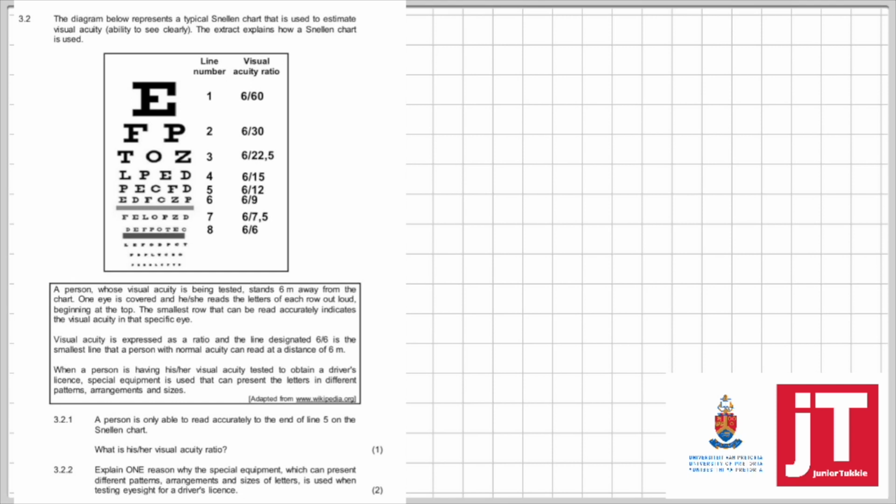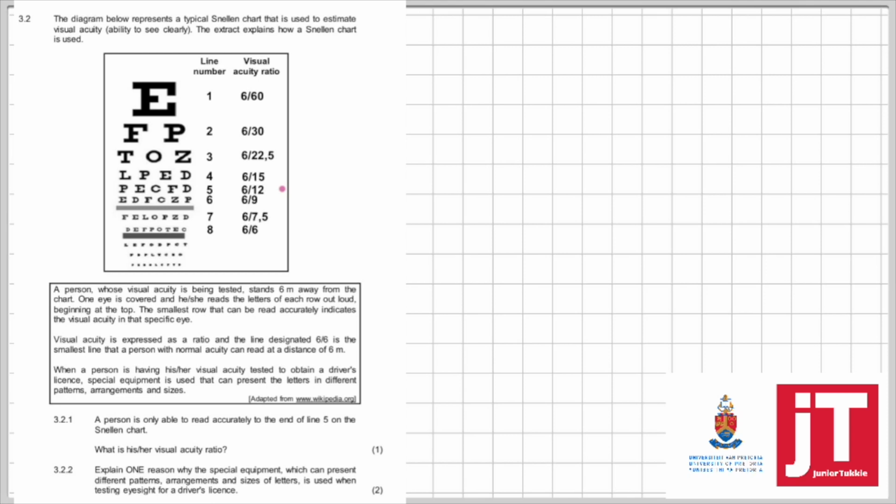3.2.1. A person is only able to read accurately to the end of line 5 on the Snellen chart. What is his or her visual acuity ratio? So there it is, 6/12. Easy. 3.2.2. Explain the reason why special equipment that can present different patterns, arrangements, and sizes of letters is used when testing eyesight for a driver's license.